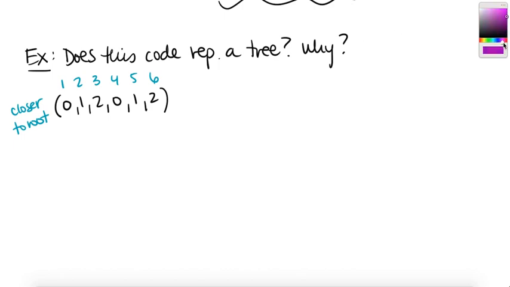And let's try to draw this. We're still always assuming 0 is the root. So this tells me I have an edge from 1 to 0. This tells me I have an edge from 2 to 1.